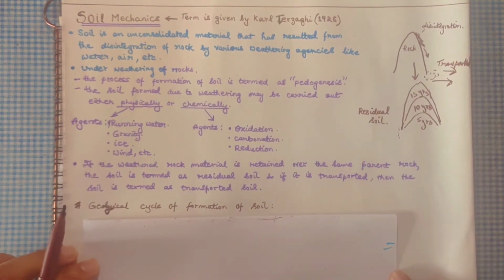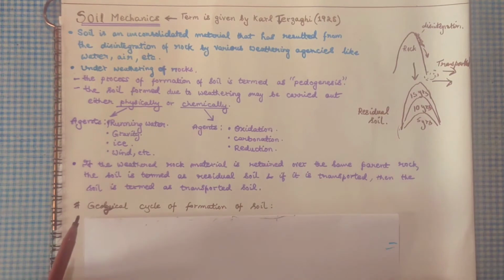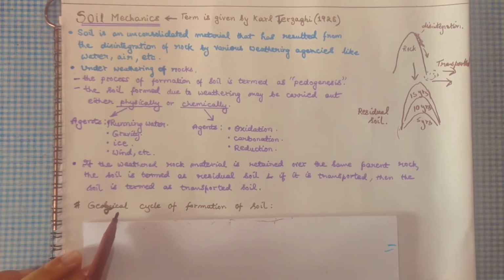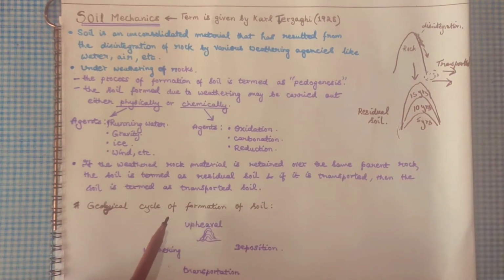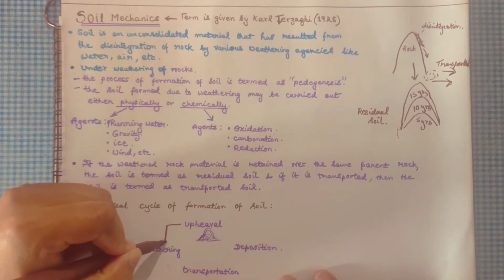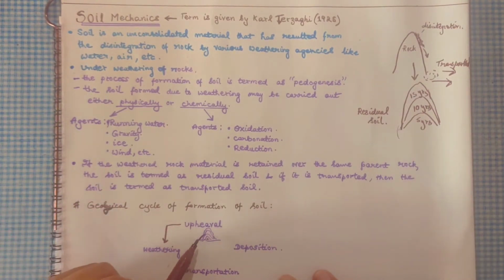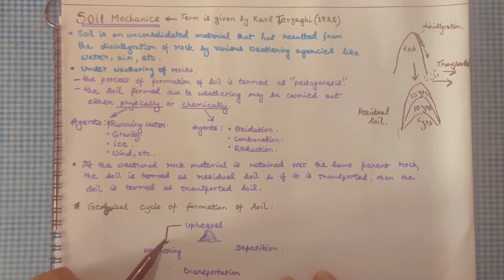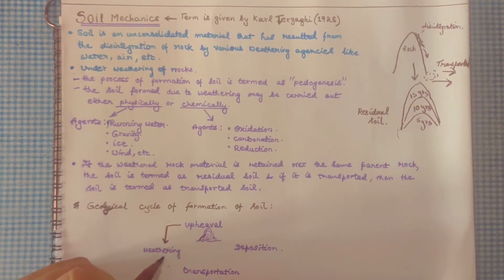So let's see the geological cycle of formation of soil. It occurs like this. Look, it starts from upheaval, which is the beginning of that parent rock. It undergoes weathering, and then the weathered soil gets transported, or it becomes a residual soil which stays in the same place.